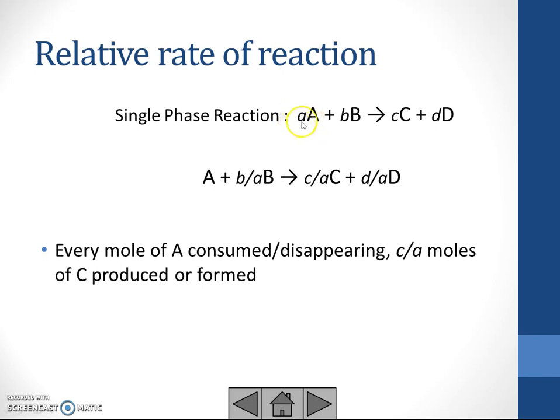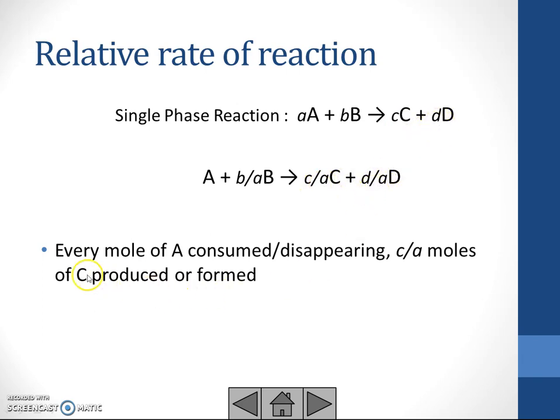So we use A as our reference. If A has been used completely, everything is divided by the number of moles of A. A over A equals 1, then b over a, c over a, d over a.